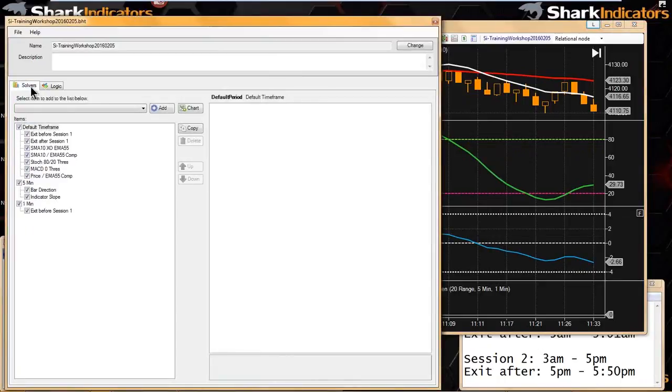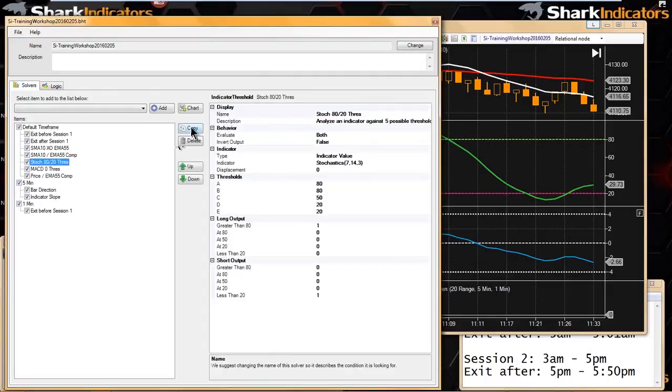I'm going to have to build some fuzzy logic type solvers to illustrate. So let me put these solvers together first.